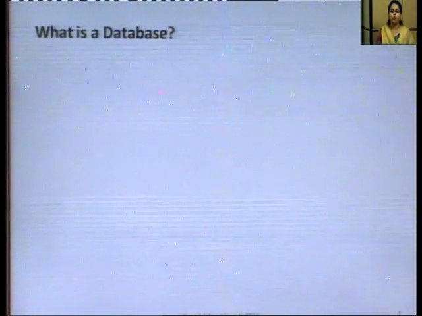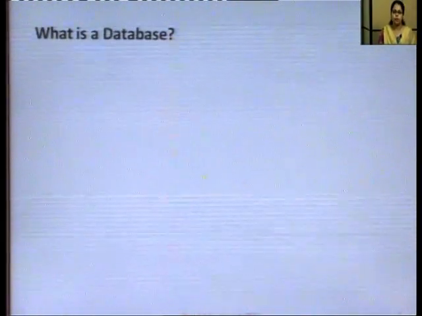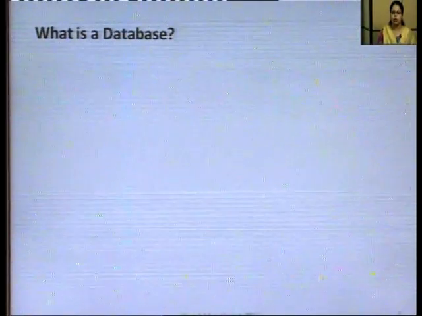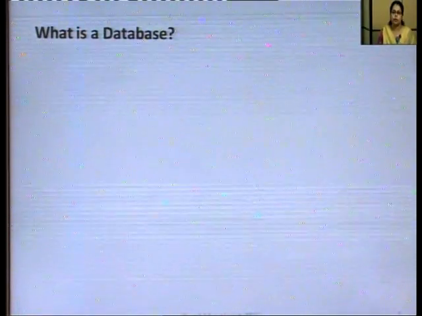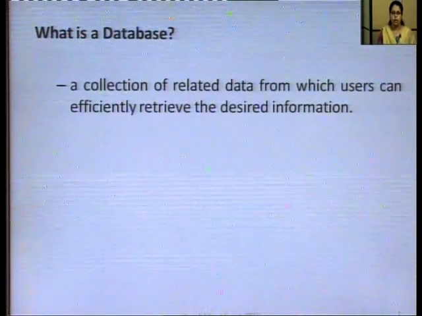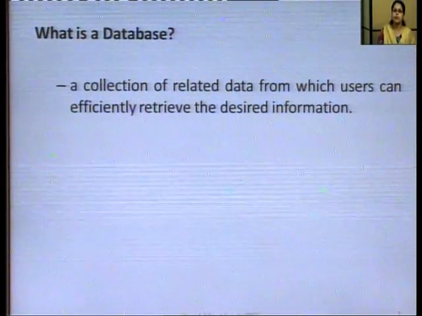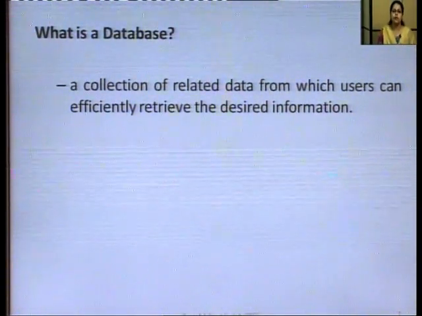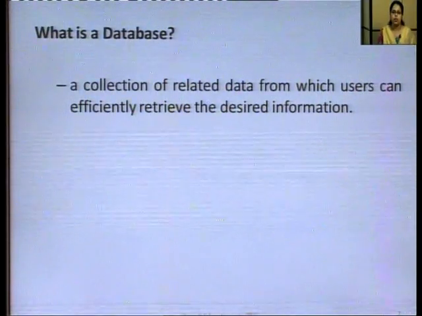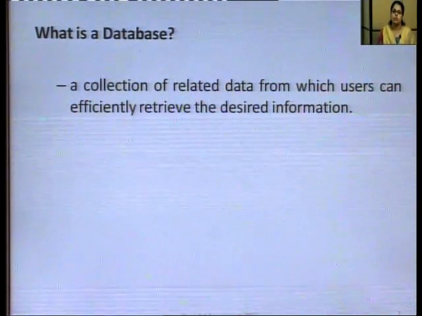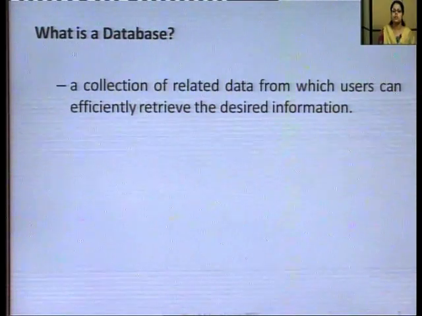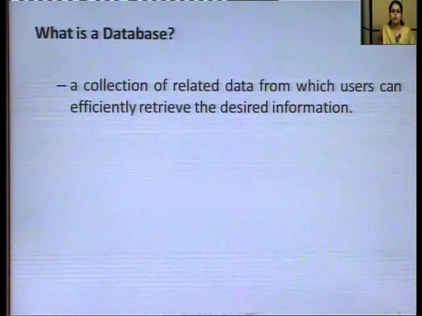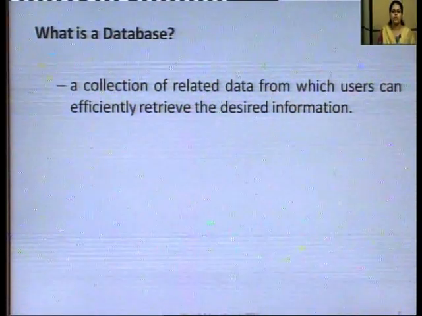So from the development of computer, we come into contact with a new term, which is database, which is a collection of related data from which users can efficiently and effectively retrieve the desired information. So database is a combination of related data from where we can get desired information according to our requirement.